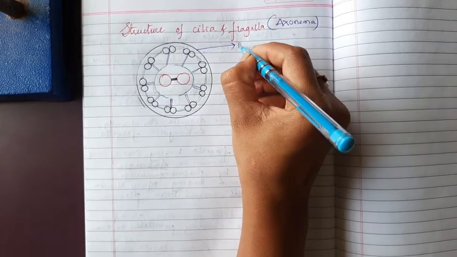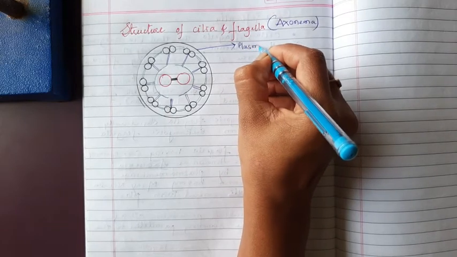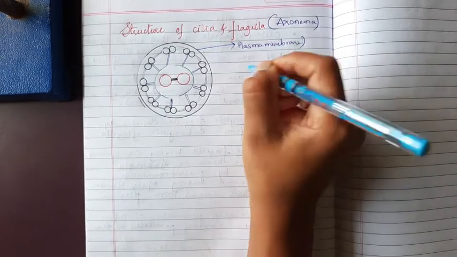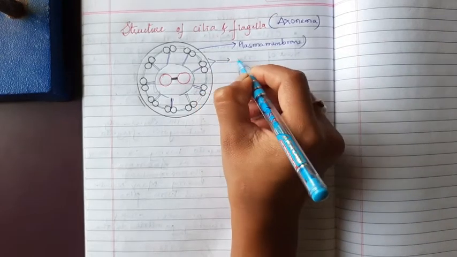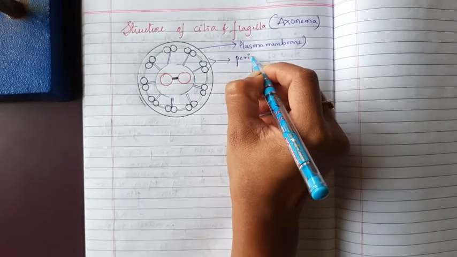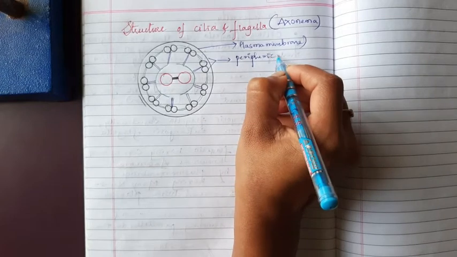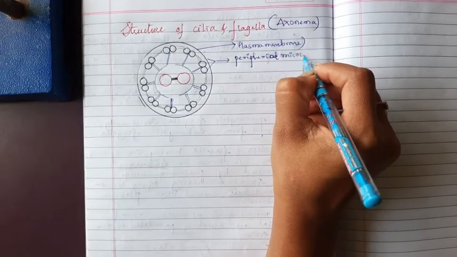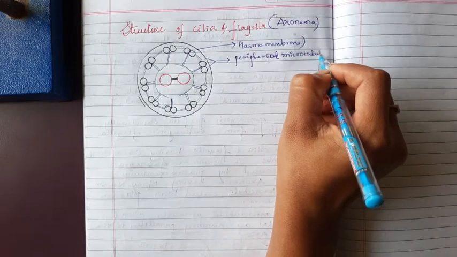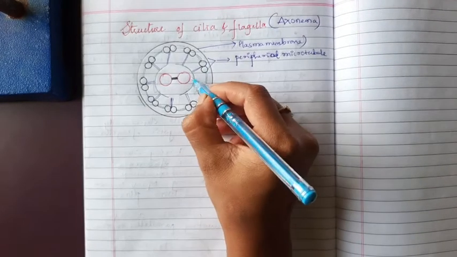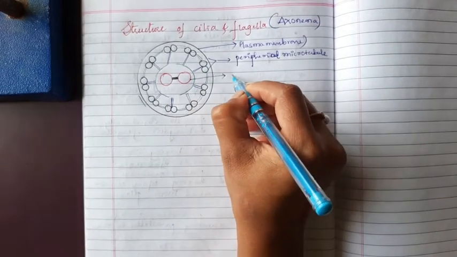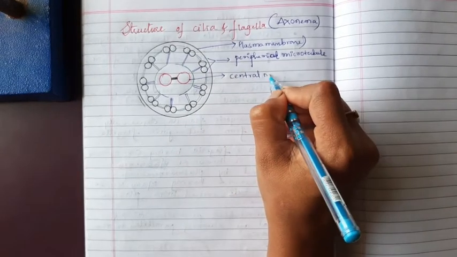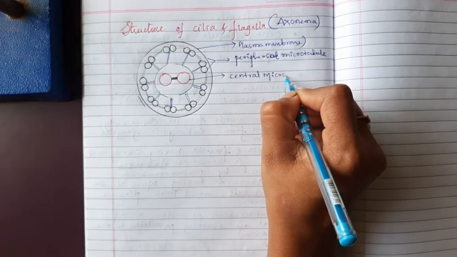This one is the plasma membrane. These are the peripheral microtubules. This is the central microtubule.